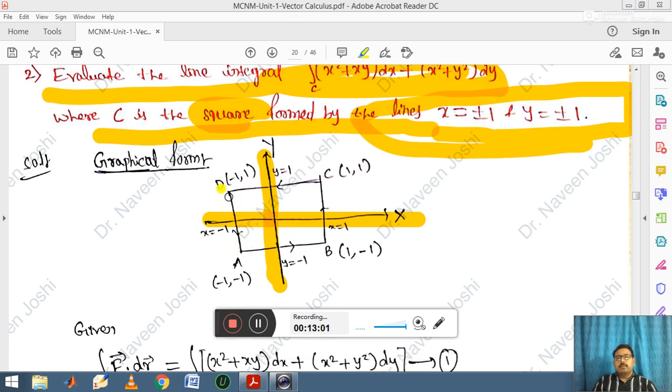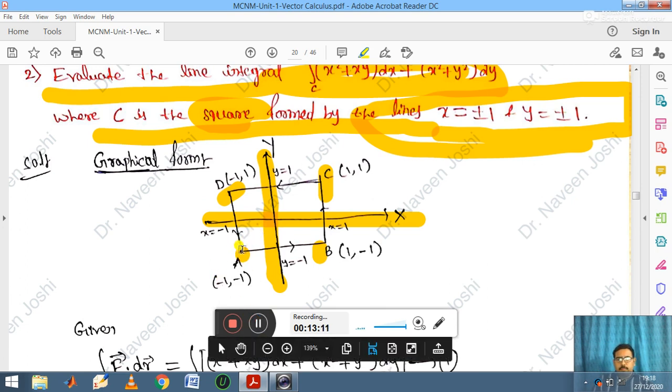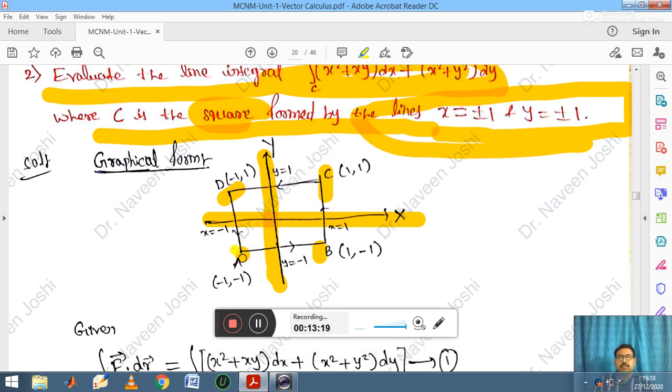Okay, and mark the points A, B, C, D. A square contains four points. Then you point out the corresponding coordinates, that is point A. So point A comes in the third quadrant. Okay, so third quadrant means here the point is x value minus 1, y value minus 1.